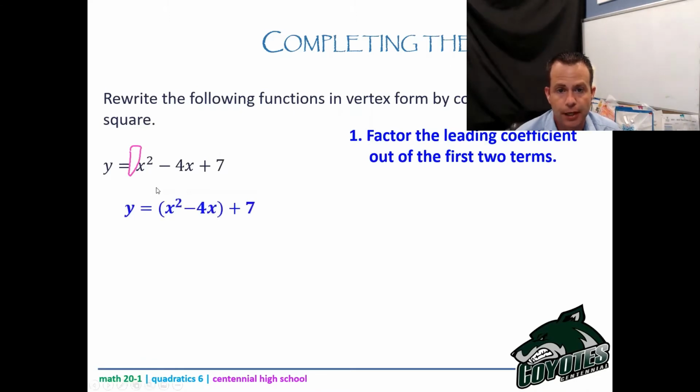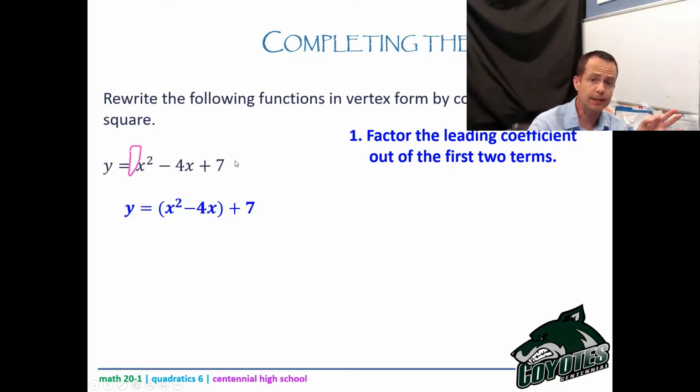So I factored out my front number. If there was a number to do that with, it would be out here now. And so I put those first two terms in brackets because I factored out. Just take notice, it's from the first two terms, okay? This 7 here, he's just along for the ride right now. I'm not actually doing anything with him yet. He'll come into play in a little bit.